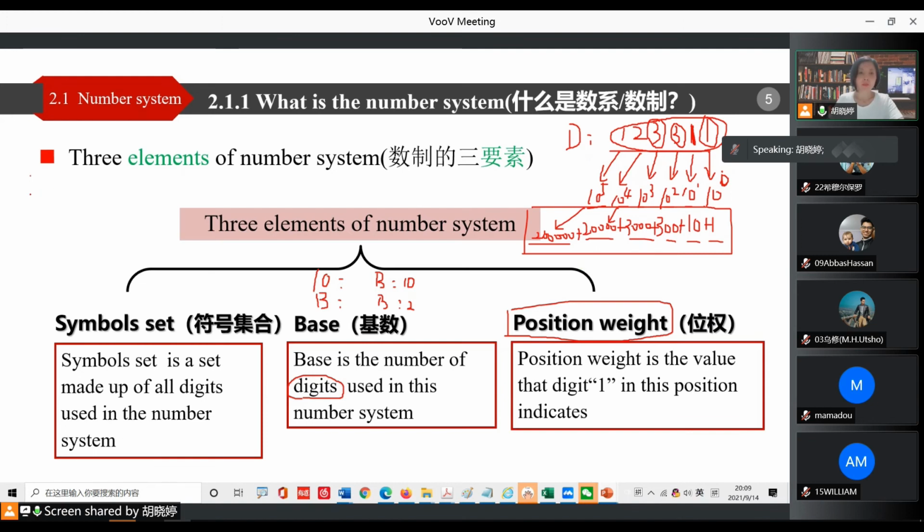For the binary system, the weight will be 2 power of i. For example, 1111. For this digit, its weight will be 2 power of 0, this will be 2 power of 1, and so on.